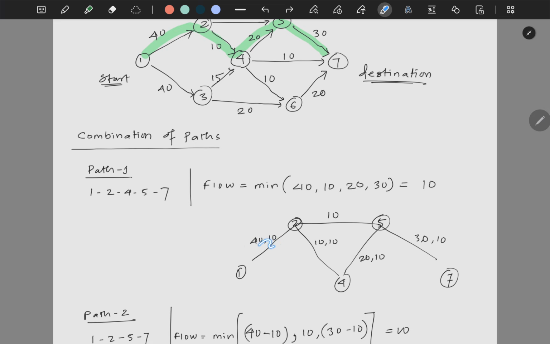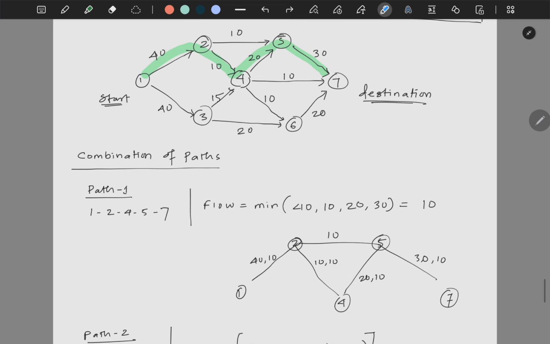I'll write it as 40 comma 10, and here 10 comma 10, here 20 comma 10, and 30 comma 10, because 10 liters of liquid is flowing through this. Out of 20, 10 is flowing and 10 is available. Here out of 30, 10 liters is flowing and 20 liters is available, and this path is already completely exhausted. This means no more liquid can flow from node 2 to node 4.